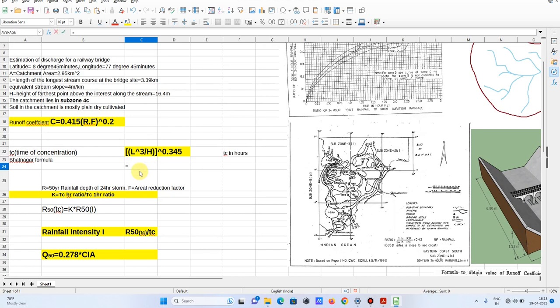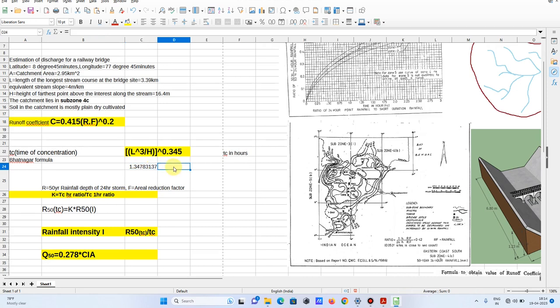Okay, so L we know is 3.39 to the power 3, divided by H, which is 16.4, to the power 0.345. Okay, so I got the value of the TC, that is 1.34 or 1.347.